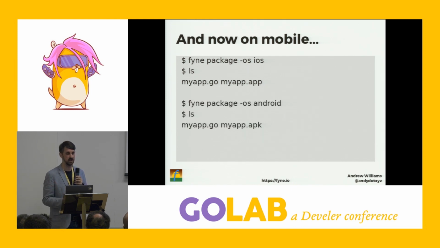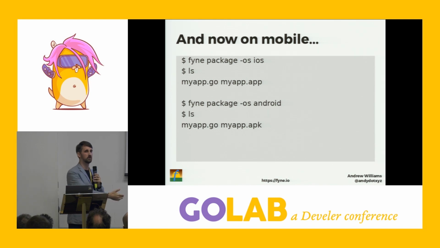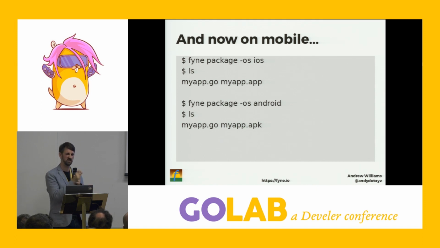If we wanted to target Android, it's going to create an APK off the back there. We're using Go Mobile under the hood, and if I'm being entirely honest, this syntactic sugar hasn't really left my laptop to get to the develop branch of our project yet, but it's that close. I was totally going to have it by this morning, and then I thought I'll finish the talk instead.